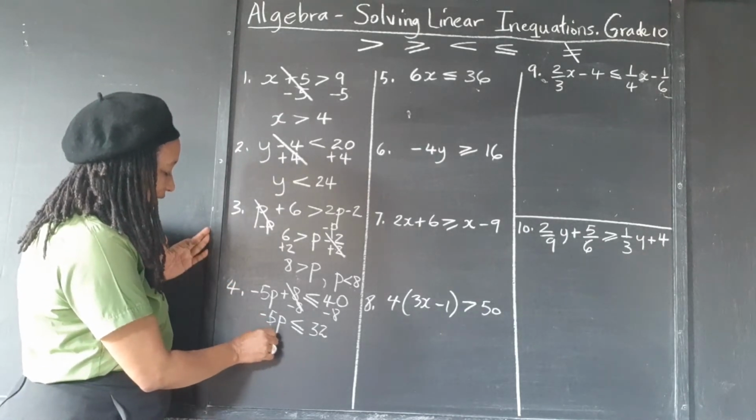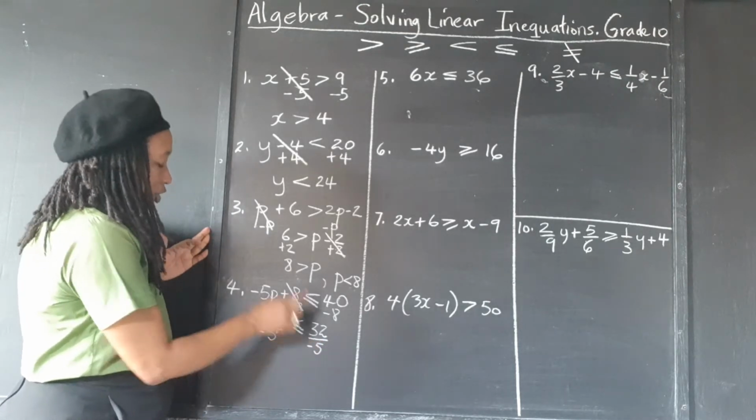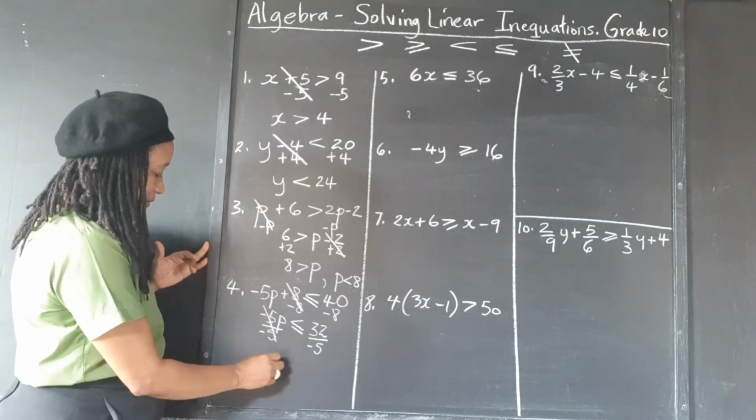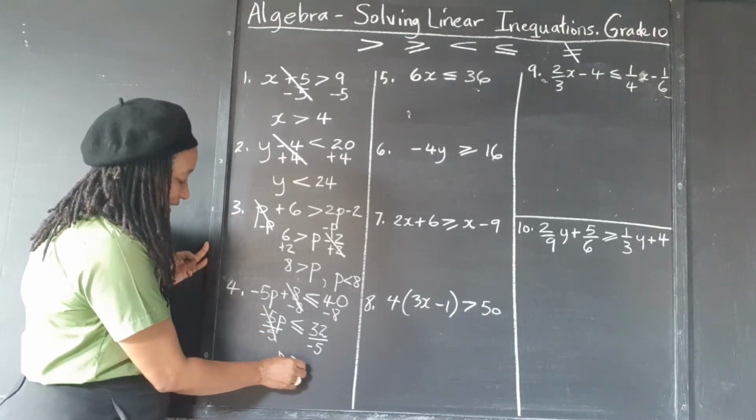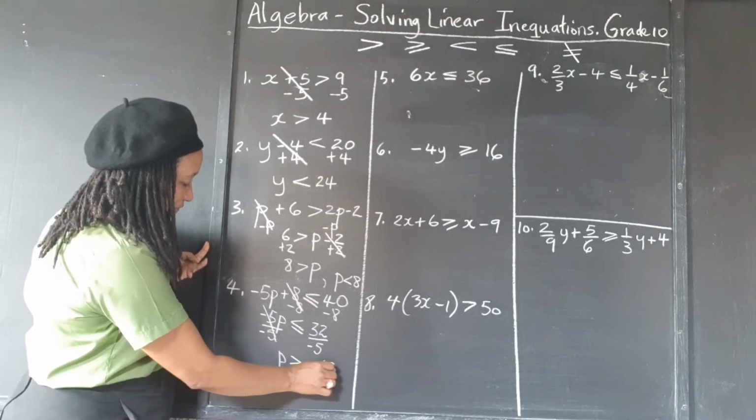But remember I said when you're dividing by a negative number, you have to invert the inequality sign. So that cancels out. So it's going to be greater than or equal to, and that's negative 6 and 2/5.